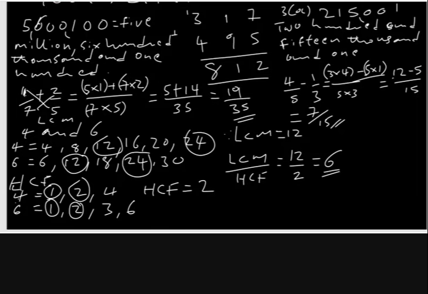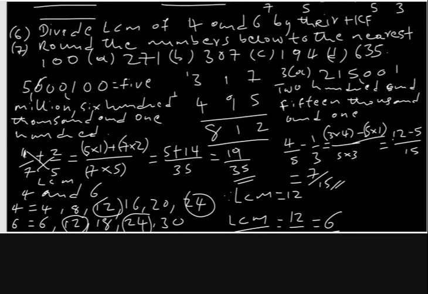Okay, good. So the next question, they say you should round the numbers below to the nearest 100. It is very easy. We are rounding to the nearest 100, so we consider the digits near the 100 position.